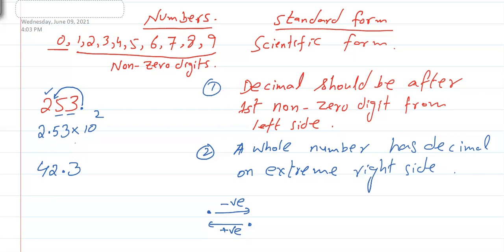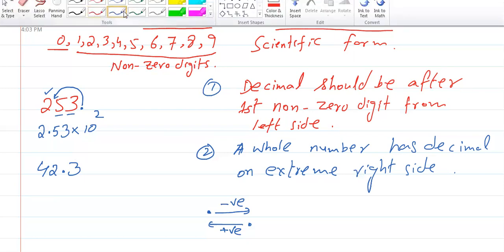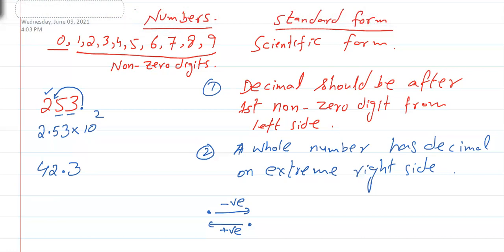So what should I do? Read point number one: the decimal should be after the first non-zero digit from the left side. This is the first non-zero digit from the left side. So I need to shift the decimal from here to here.